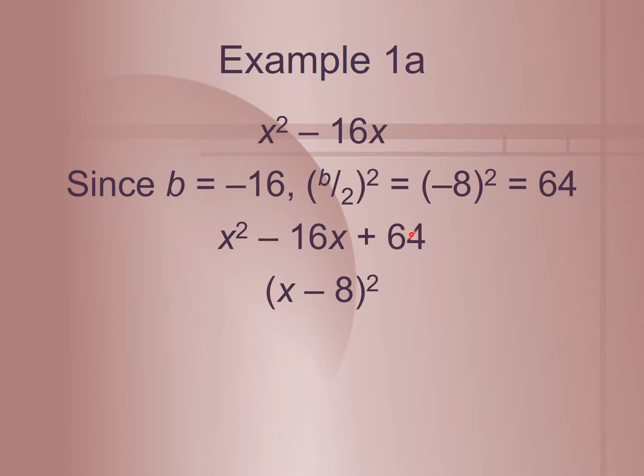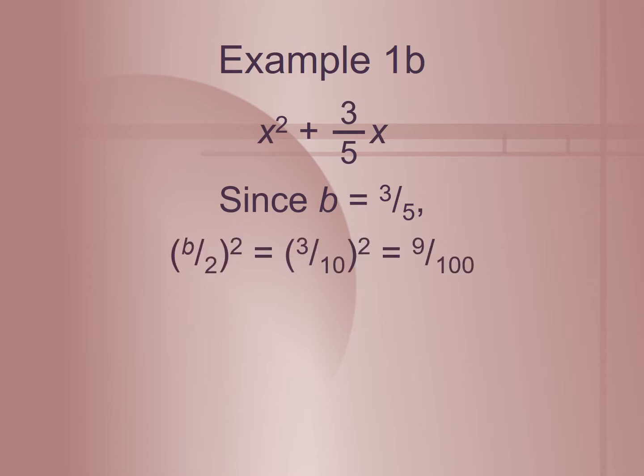And if this is your last term, this will always be the square root of your last term. Then you keep the same operation in between, and it will be squared. So anytime you complete the square, it's going to form a perfect square that can be factored.